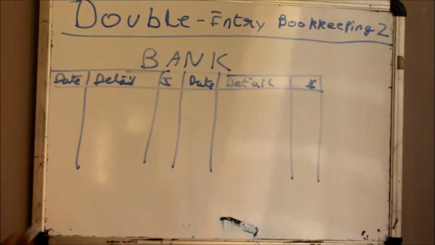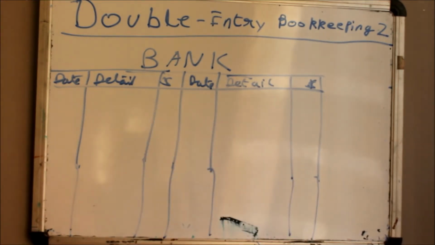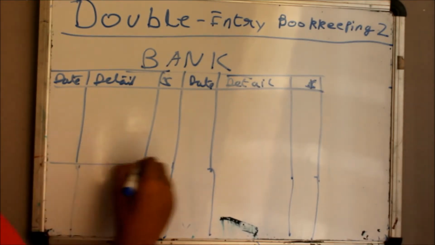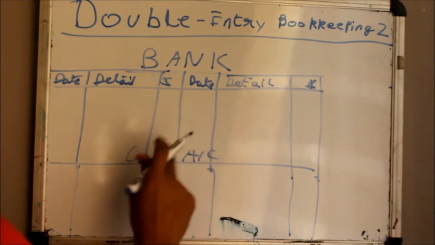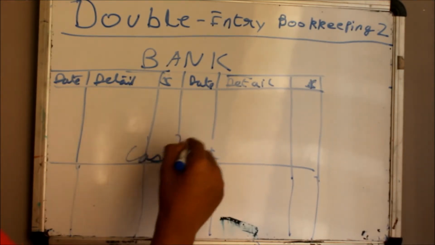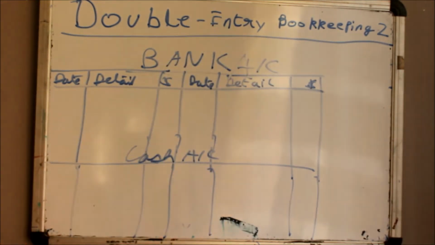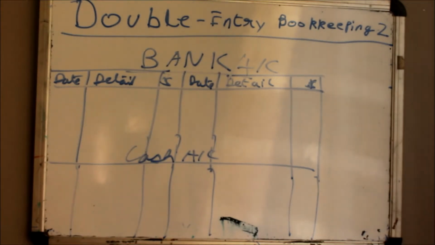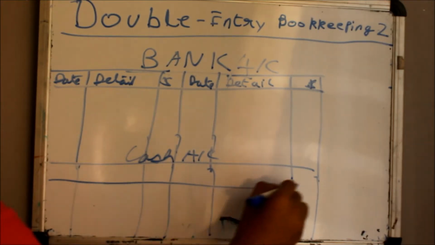If this is the bank account and a contra entry is made, it basically means the entry is entered twice, as I said. Let me just make the cash account over here. I hope you can see this. I'm not erasing it now because it's really important. This is the cash account, this is the bank account, and as I was saying, what would happen if the cash in the cash account has to be transferred to the bank account.